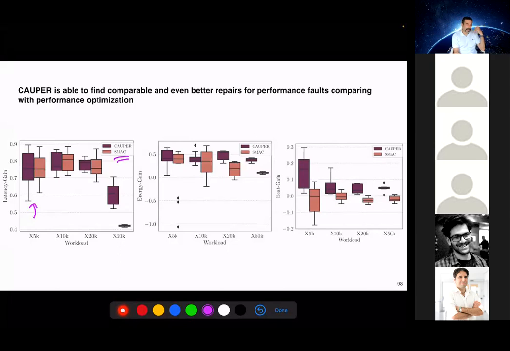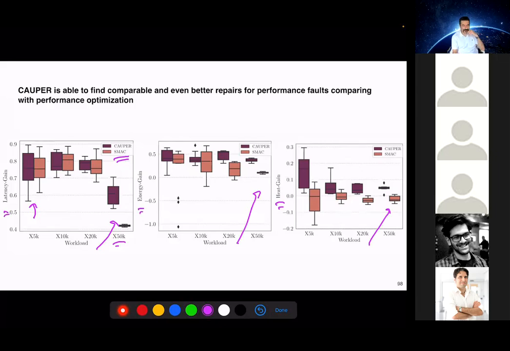But comparing with SMAC, we were able to either find a comparable configuration with respect to performance, and in larger, more extreme workloads, we were able to find a much better configuration with respect to performance in all objectives, right? So this is about heat, energy, and latency.